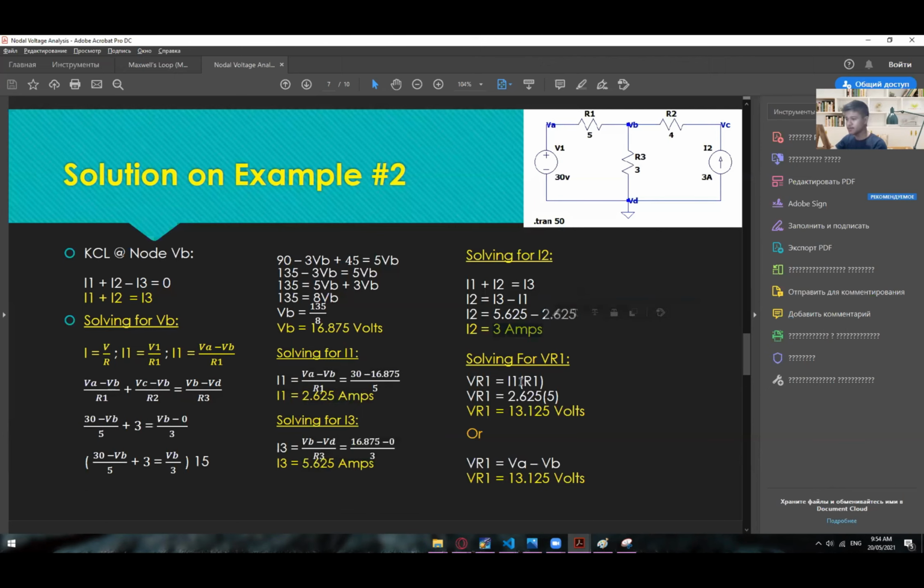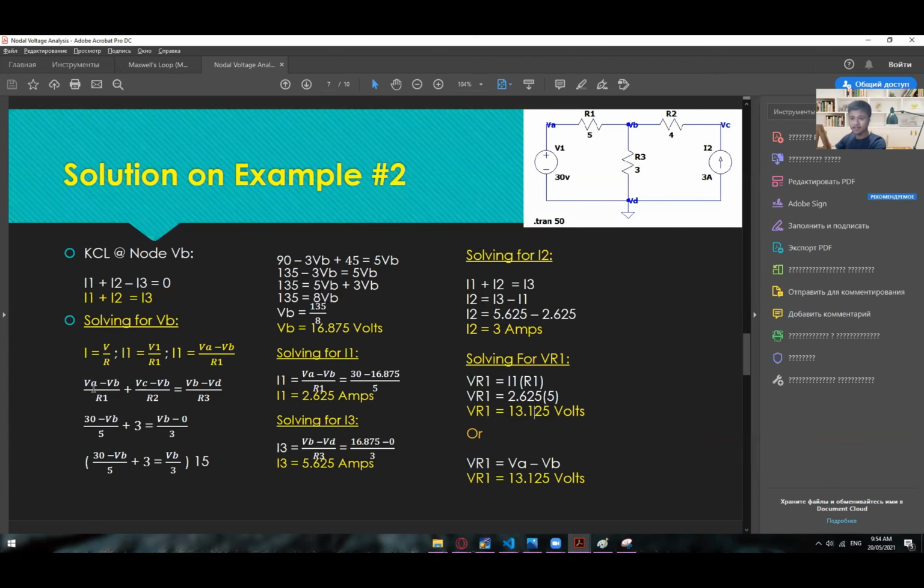And then from here, we can now solve for the value of VR1 and VR2 and VR3. So VR1 first, so I1 times R1. I1 is 2.625, and R1 is 5 ohms. So 2.625 times 5 will give us 13.125 volts. Or you can actually use this one.